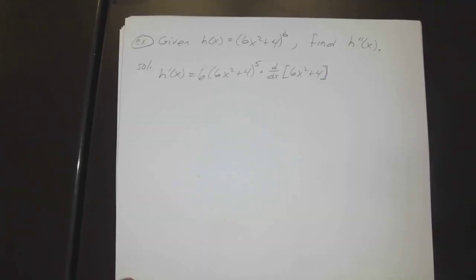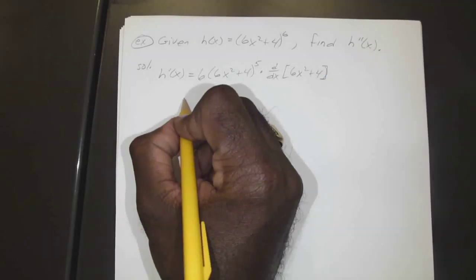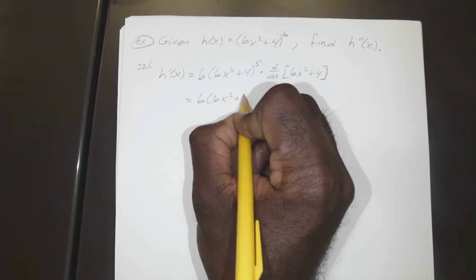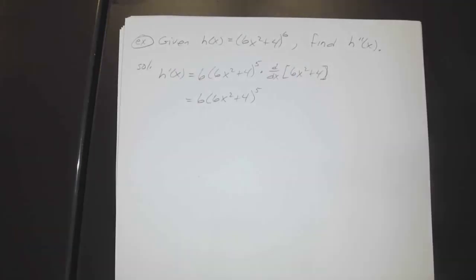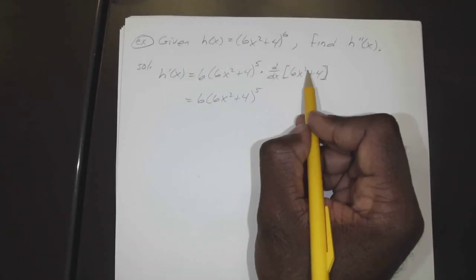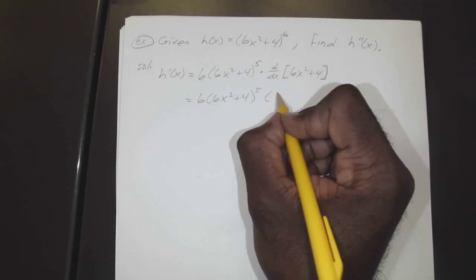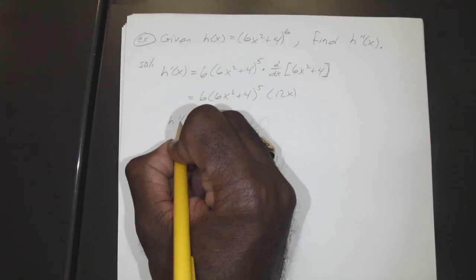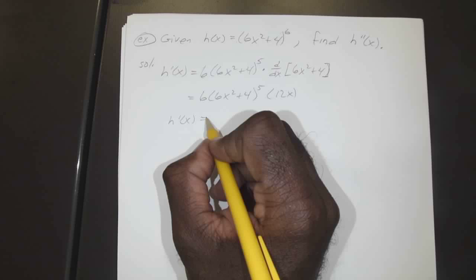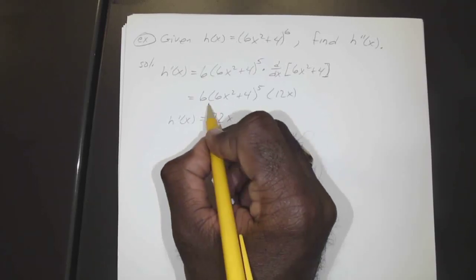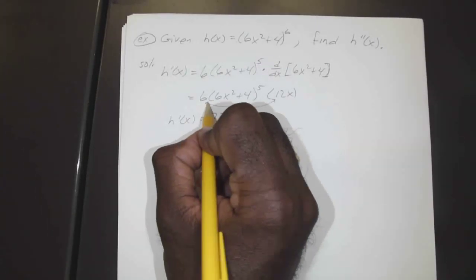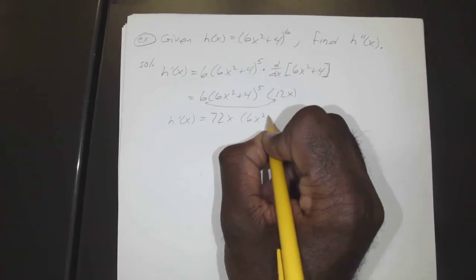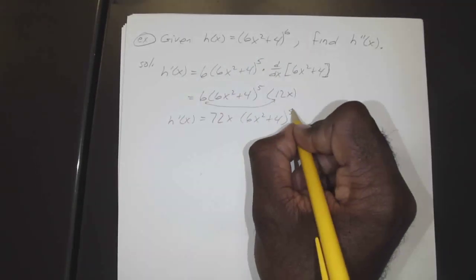So that gives us 6 times 6x squared plus 4 to the 5th. The derivative of 6x squared plus 4 is 12x. So our first derivative is equal to 72x, once we combine the 6 and the 12x, times 6x squared plus 4 to the 5th.